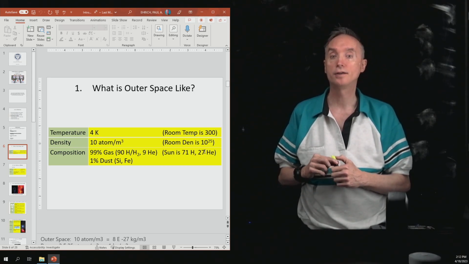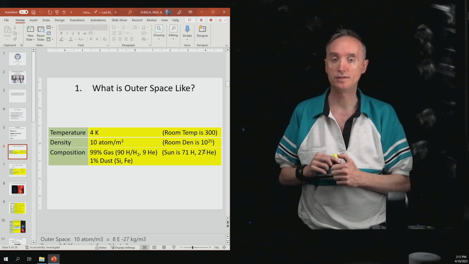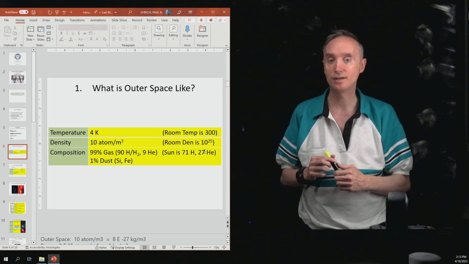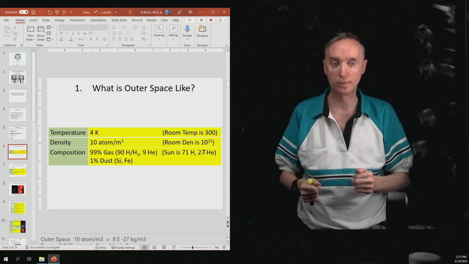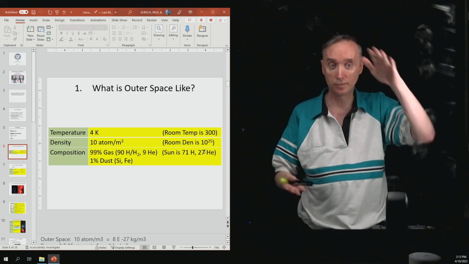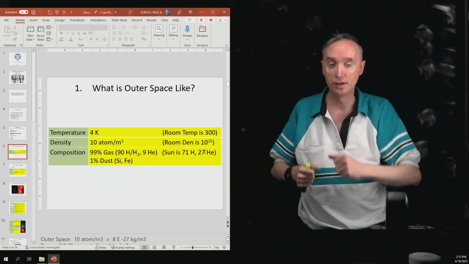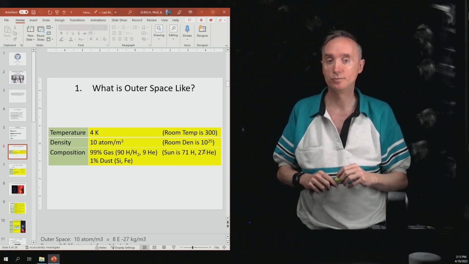Okay, then density. So the density of outer space is 10 atoms per cubic meter. So remember that a meter is about this big, so if you can imagine a box that is 1 meter by 1 meter by 1 meter, inside of that box would be 10 atoms.